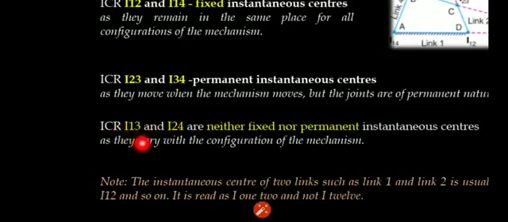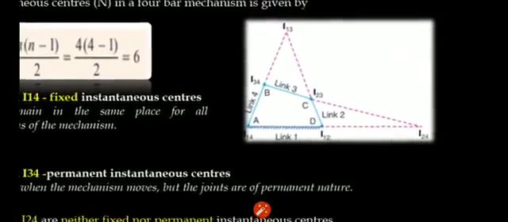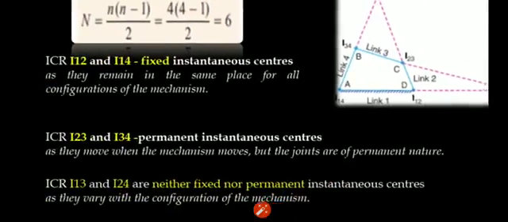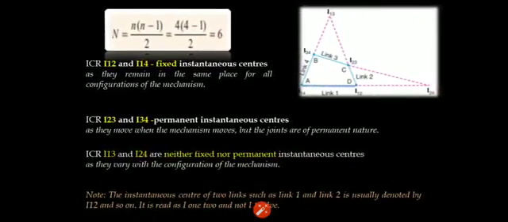These instantaneous centers vary with the configuration of the mechanism. At every instant, when the configuration of the mechanism changes, their position also changes, and that is called neither fixed nor permanent instantaneous centers.